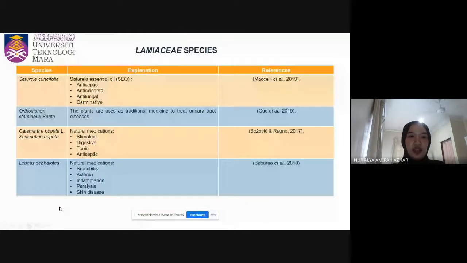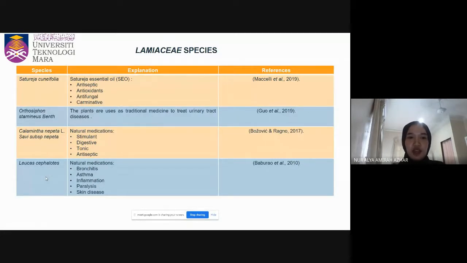Not only that, the next 4 species, which are Satureja sahendica, Orthosiphon stamineus, Calamintha nepeta L. subsp. nepeta, and also Leucocephalos, these 4 species have been used as traditional medicine to treat various diseases.